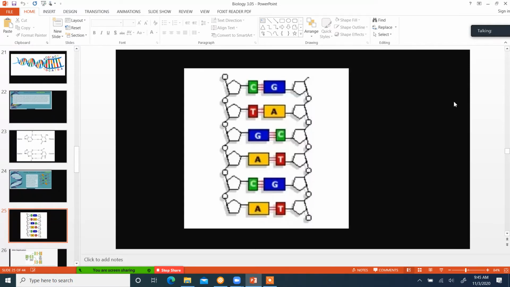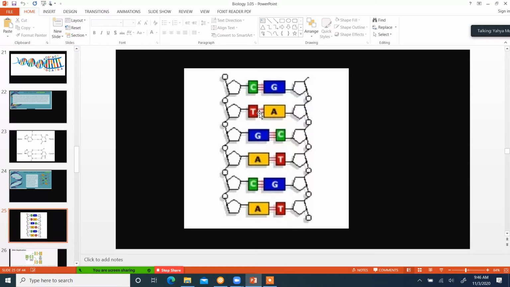And this is showing the same kind of picture, C and G. Now here's another thing. Between C and G, how many hydrogen bonds are there? 3. How many between A and T? 2. So which of these base pairs is held together a little bit stronger?